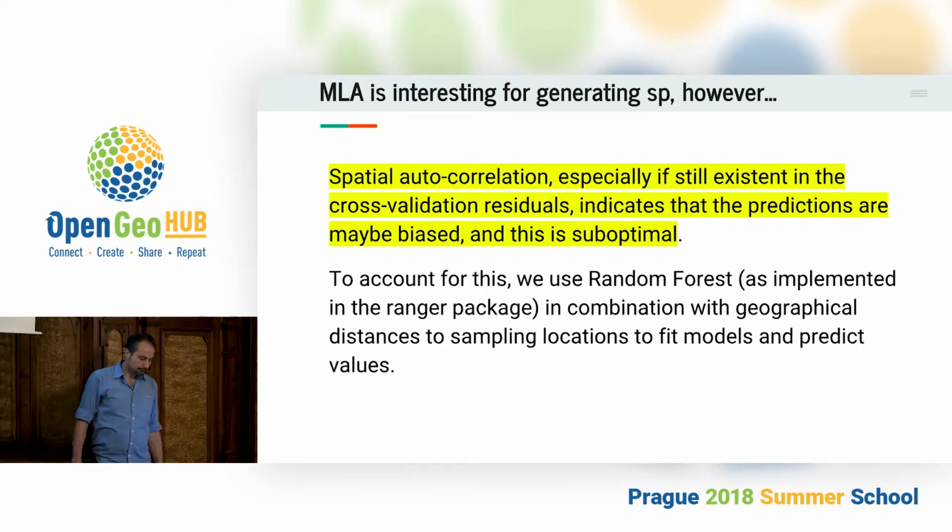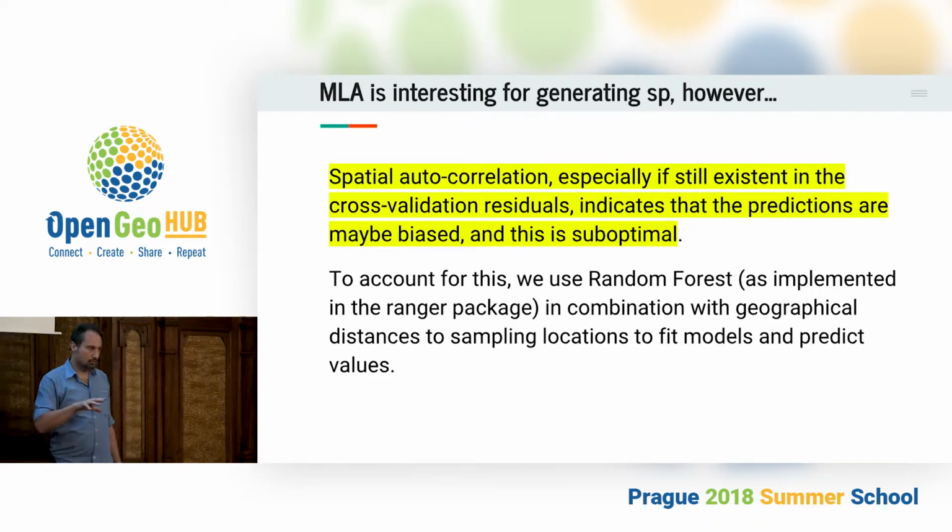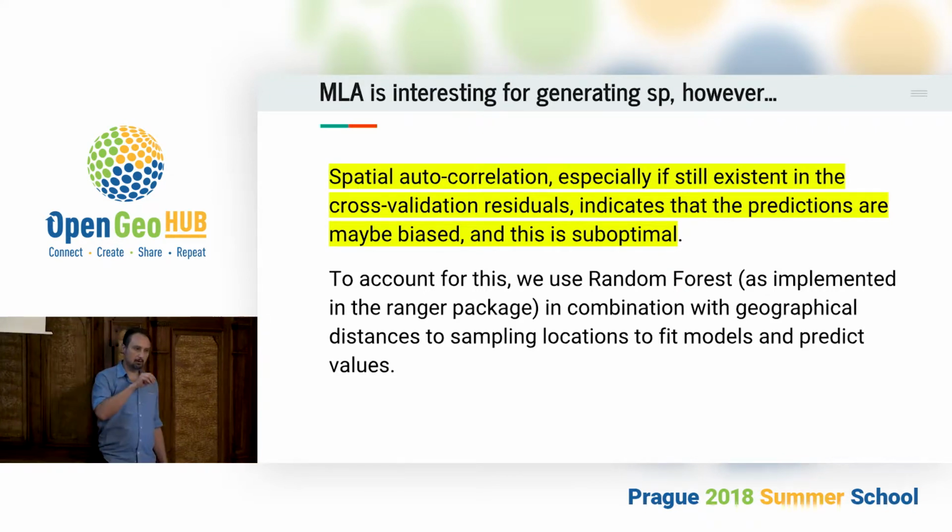And then Hannah showed you, okay, you can take the location of points, but then you can make it even worse. You make these artifacts. So on one hand, ignoring spatial autocorrelation structures in building machine learning models is suboptimal, but it also looks to be suboptimal if you just plug in the XY coordinates.